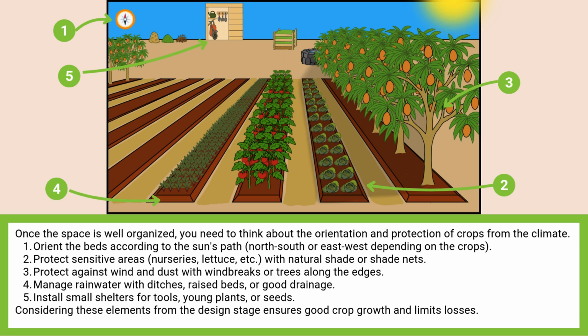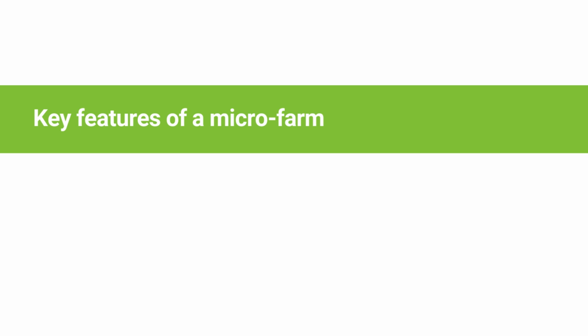Protect against wind and dust with windbreaks or trees along the edges. 4. Manage rainwater with ditches, raised beds, or good drainage. 5. Install small shelters for tools, young plants, or seeds. Considering these elements from the design stage ensures good crop growth and limits losses.